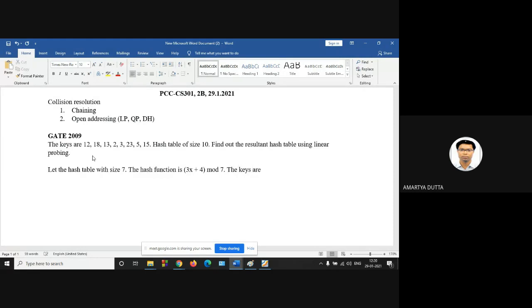The keys are 1, 3, 8, 10. Find out the resultant hash table.